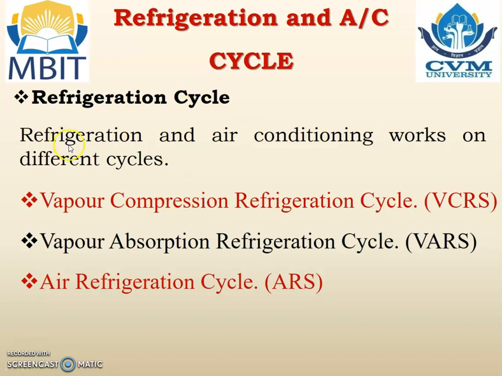Similarly, refrigeration and air conditioning work on different cycles such as the vapor compression refrigeration cycle, VCRS, also known as the vapor compression refrigeration system, the vapor absorption refrigeration cycle, VARS, and the air refrigeration cycle, that is ARS.